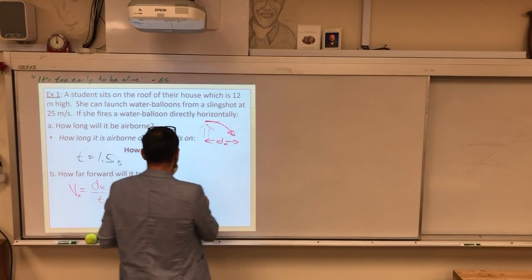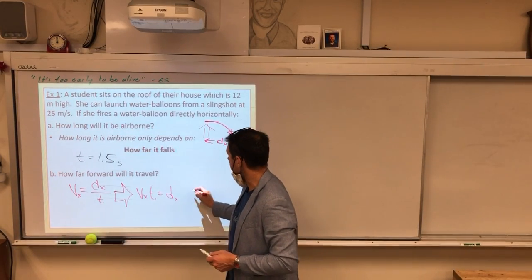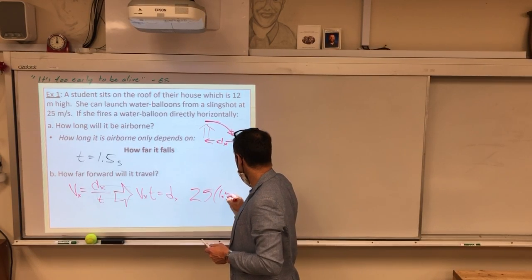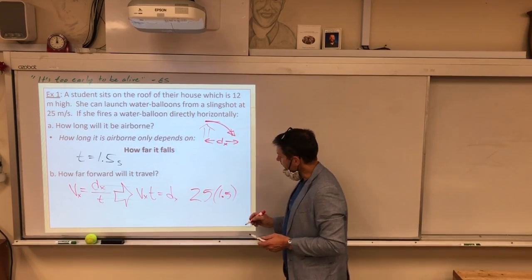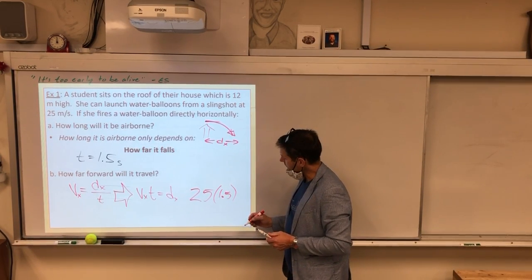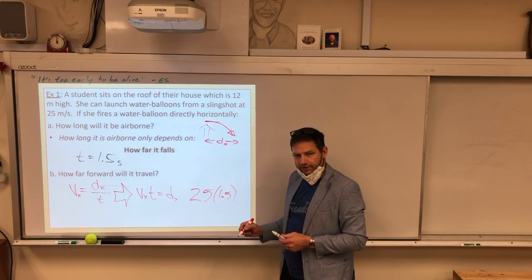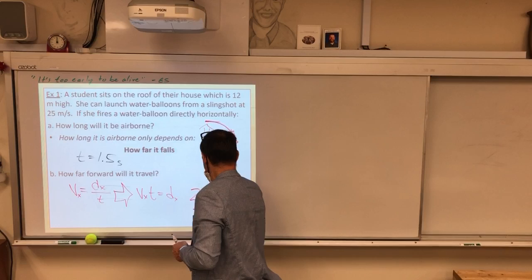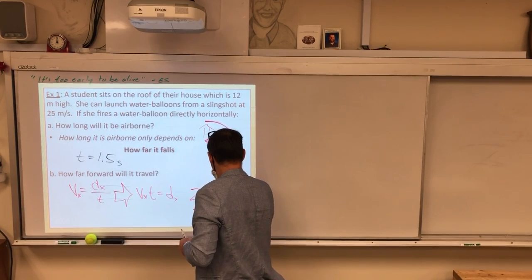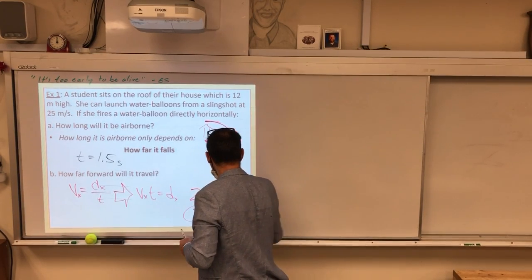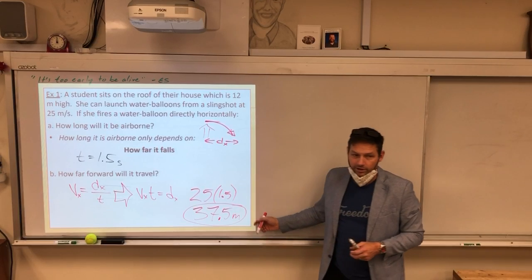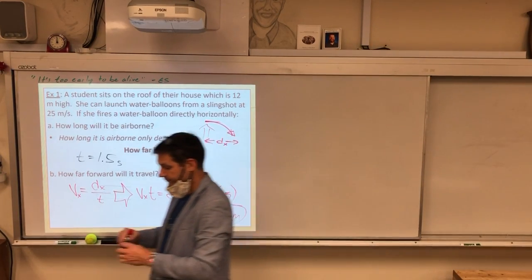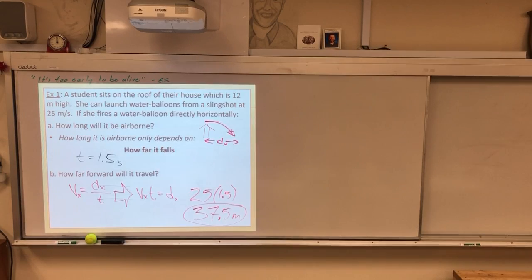And so if we put our numbers in there, we shoot it at 25 meters per second times our time of 1.5. 25 times 1.5 is 37.5. And so that would be your range, how far the object goes.